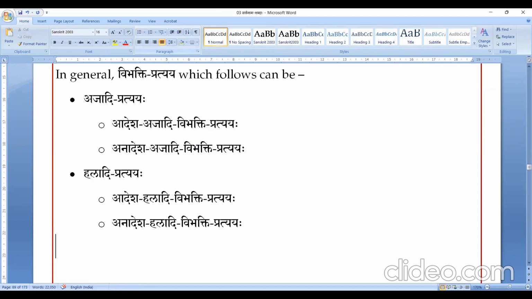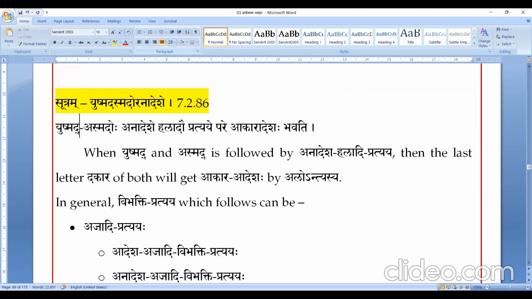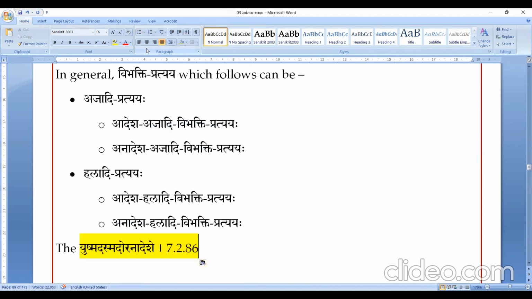Now, the sutra says, Ishpadasmadoho Anadeshe. The sutram Ishpadasmadoho Anadeshe says that Anadesha Vibhakti Pratyaya follows.